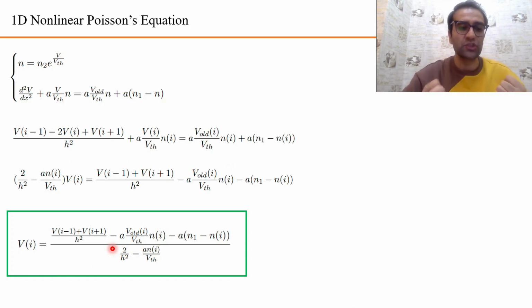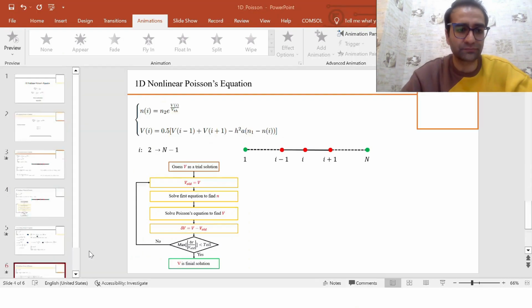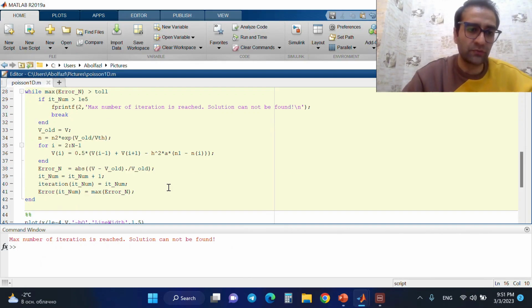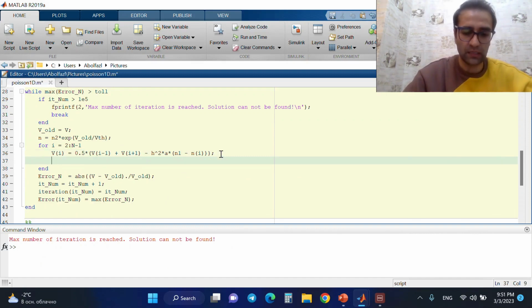What we need, let's just try this definition inside our loop. Let's go to MATLAB. Okay, here. What do we need? We need to replace the definition of V_i here instead of the upper line. V_i should be the following.